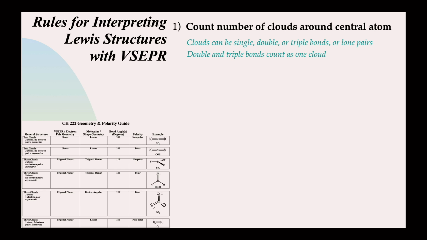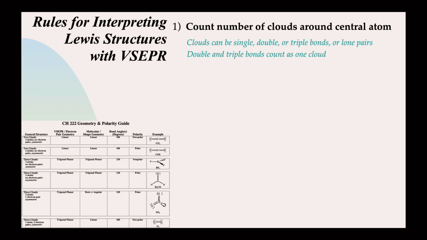If it's a lone pair, it's a cloud on one atom. On the other hand, if you have a bond, it would be an electron cloud between 2 atoms. Now, one thing we'll talk about here in a little bit is that if you have a single, double, or triple bond, all of those count as one cloud. So a double bond does not count as 2 clouds.